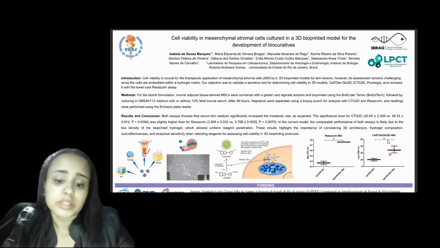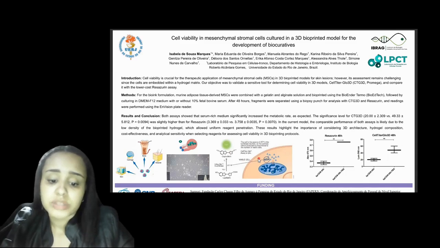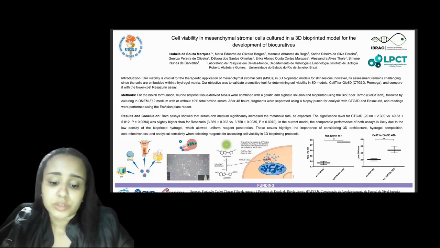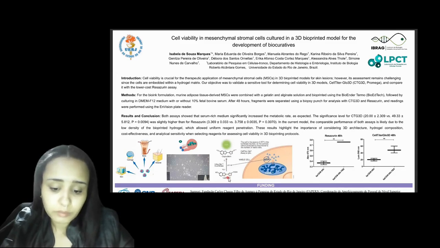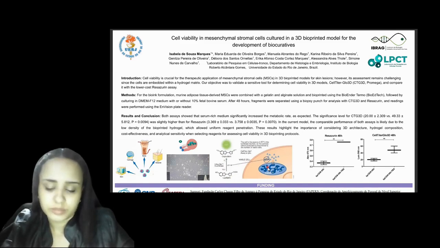CellTiter-Glo 3D is an assay based on ATP, the main energy storage molecule in living beings and therefore involved in cell metabolism. Measuring the amount of intracellular ATP is an accurate way of assessing viability, as only living cells synthesize ATP. The test is based on the conversion of luciferin into oxyluciferin, catalyzed by the enzyme luciferase, together with ATP, which is a cofactor in this reaction.